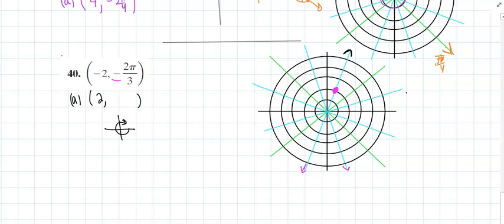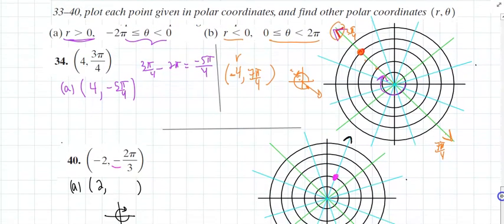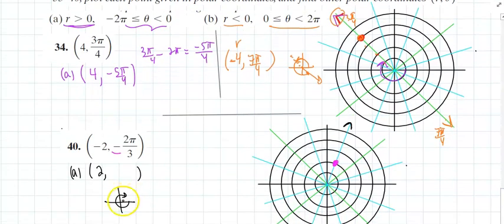And what would that be? Because in part A, they would like for r to be positive and the rotation to be negative. What would this angle be? Isn't that negative 5 pi over 3?